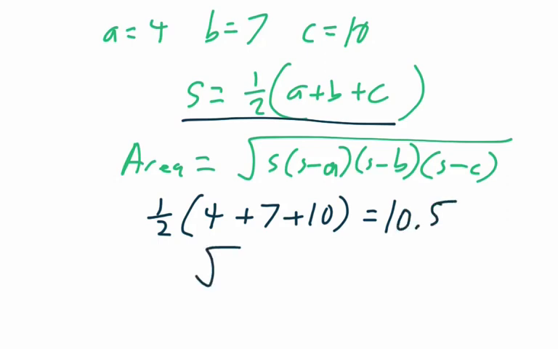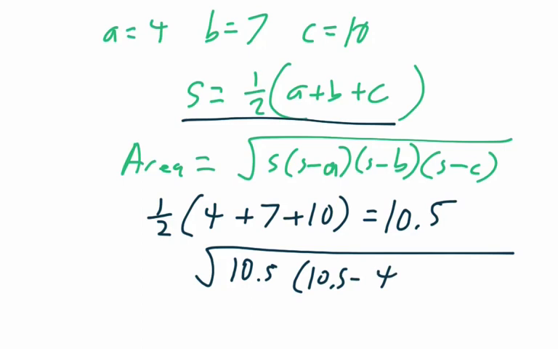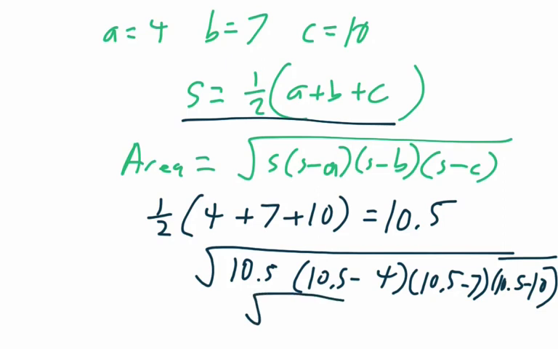So then I'm going to do the square root of 10.5, 10.5 minus 4, 10.5 minus 7, and 10.5 minus 10. Which winds up to be the square root of 119.4. And when I square root the answer, I get 10.9.